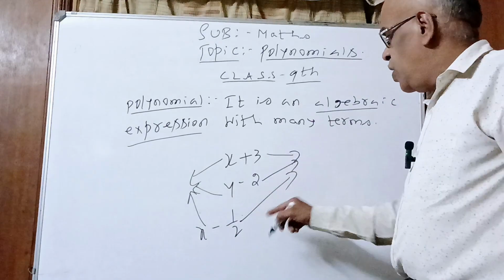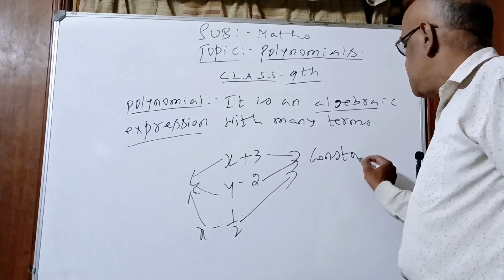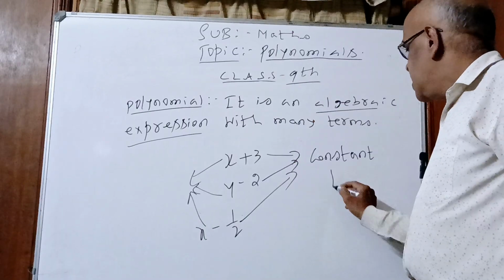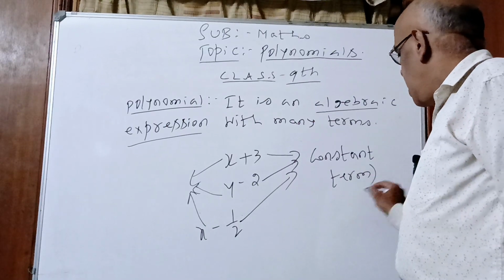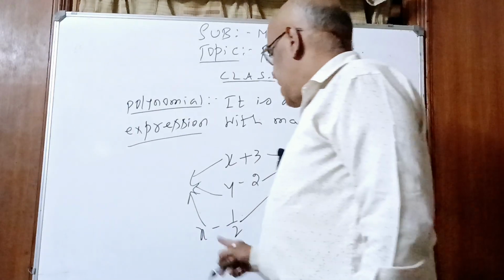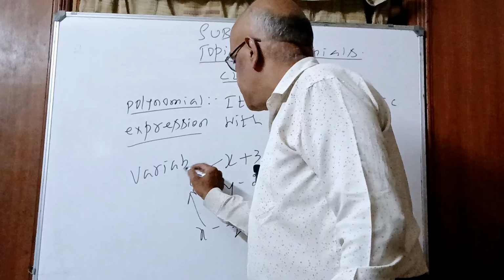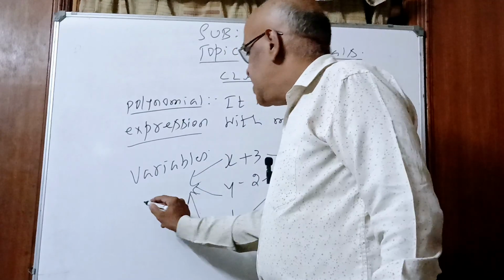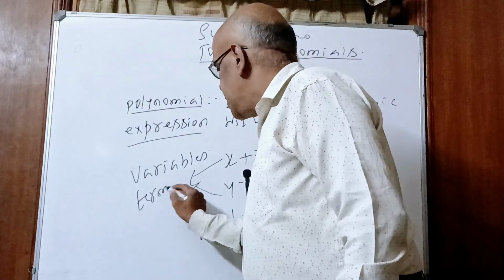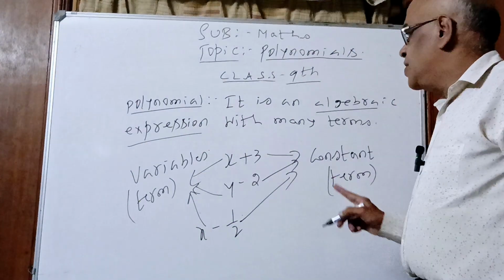What are these 3, 2 and half? They are called constants. A constant is a term which has a constant value. What are these x, y and x? They are variables. An algebraic expression is a combination of constants and variables.